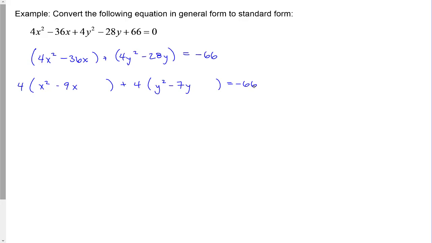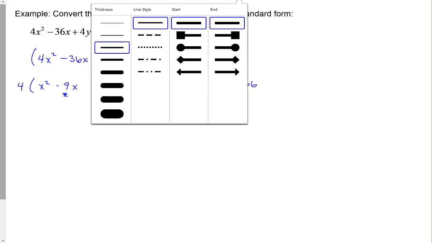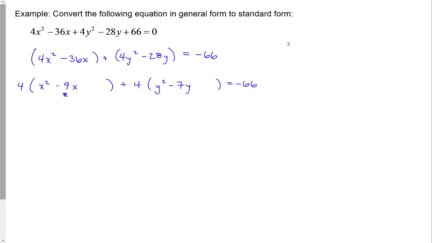Now, in order to complete the square, it's the same process. I take the number multiplying my x, which in this case is a 9, divide that by 2, and then square it. When you square a fraction, it actually is a fairly simple operation. You just need to square the numerator and denominator separately.